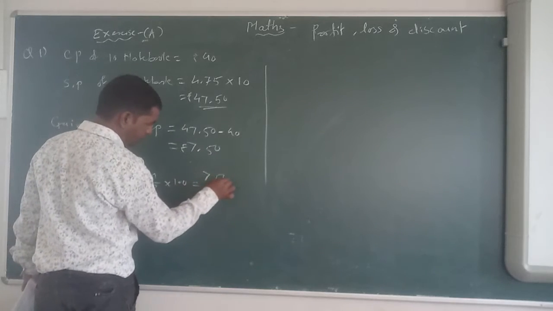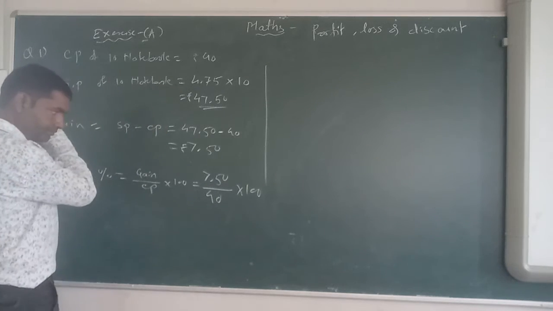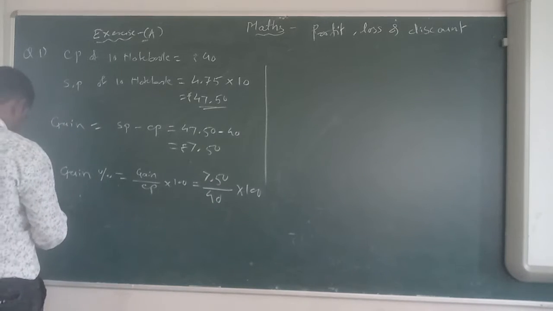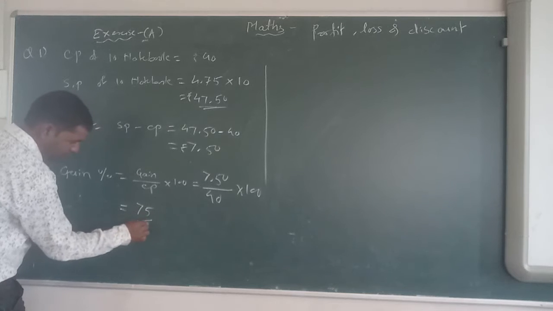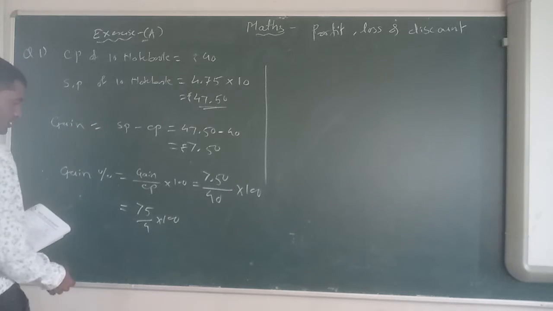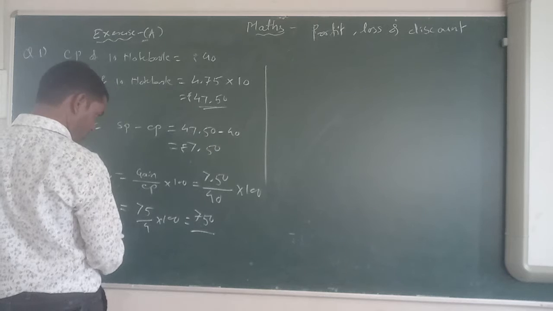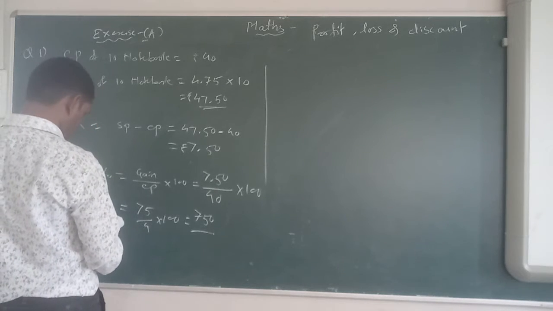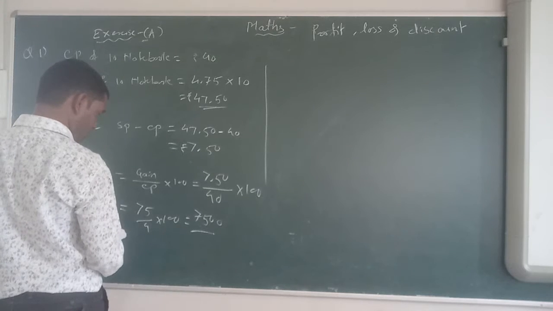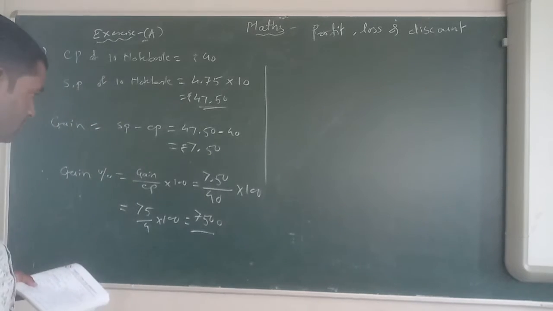Gain is 7.50, CP is 40, multiplied by 100. Sorry, I have made one small mistake.